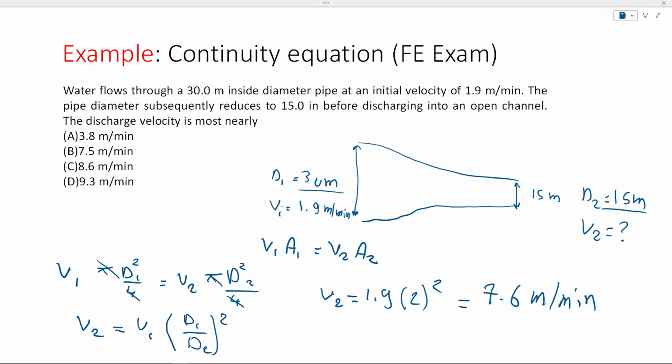Oh, I think this is a typo here, that should be 7.6. Yeah, because I think this is correct. So I will correct this typo, so that's 7.6 meter per minute.